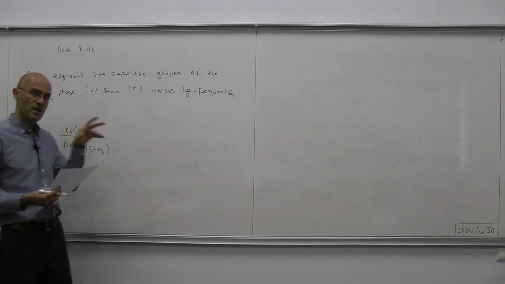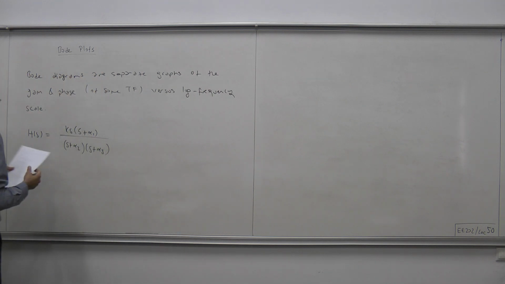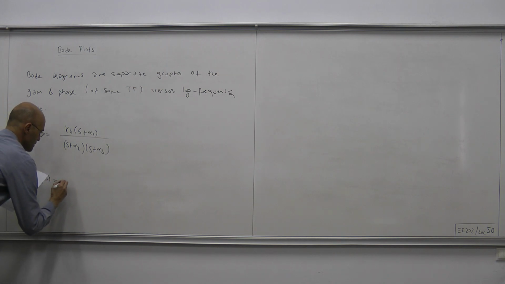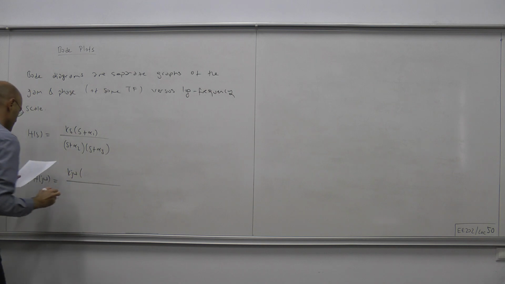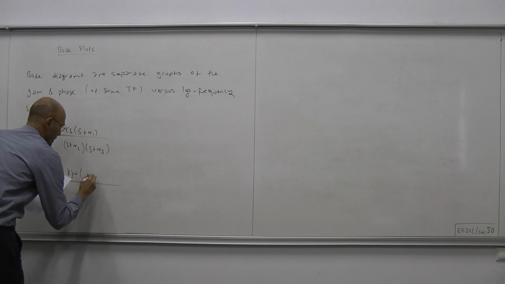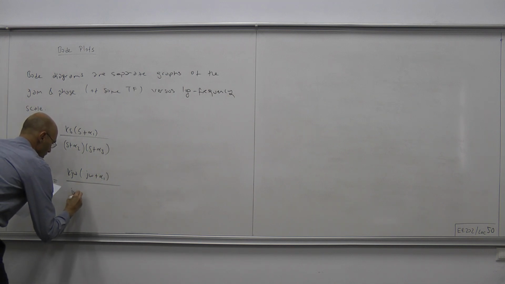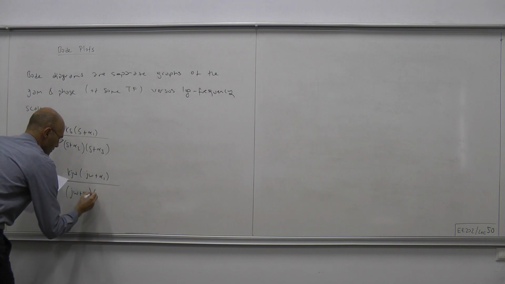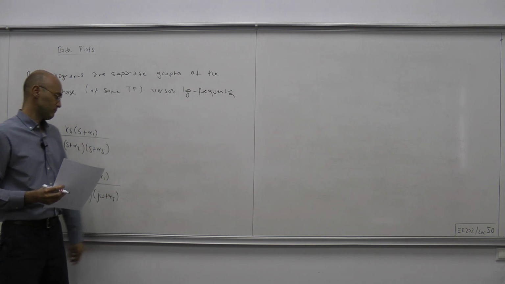Okay, so we want to obtain those relations visually. So first, therefore, let's write H of j omega, which is K j omega over j omega plus alpha 1, j omega plus alpha 2, j omega plus alpha 3.